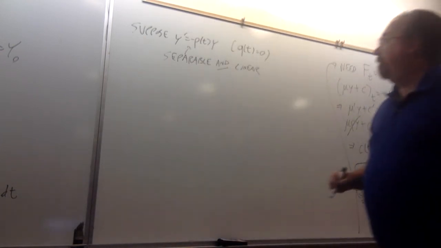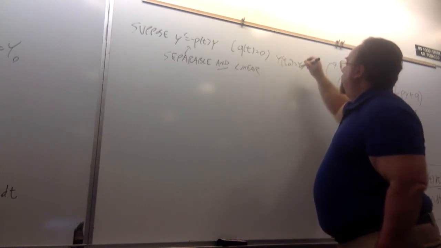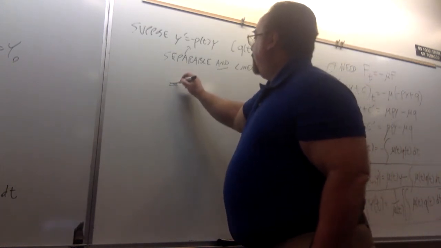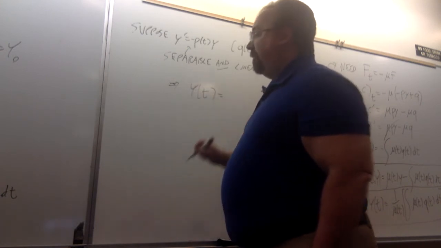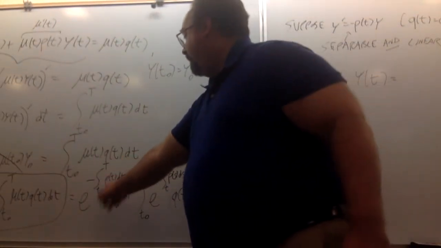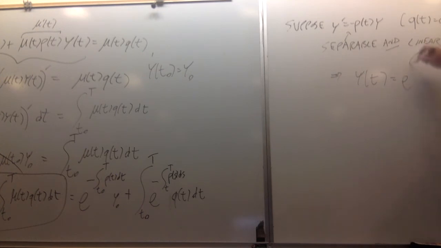So if we have the same kind of initial condition, then the solution formula that we've seen before, y of t, is just going to be this term right here. So it's going to be the integral from t naught to t of ds times y naught.